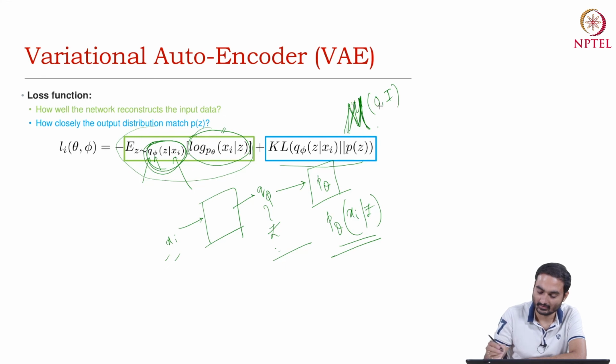It is basically a KL divergence with the Gaussian distribution with mean 0 and standard deviation 1.